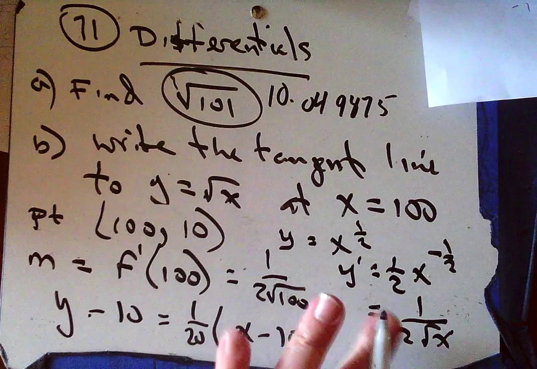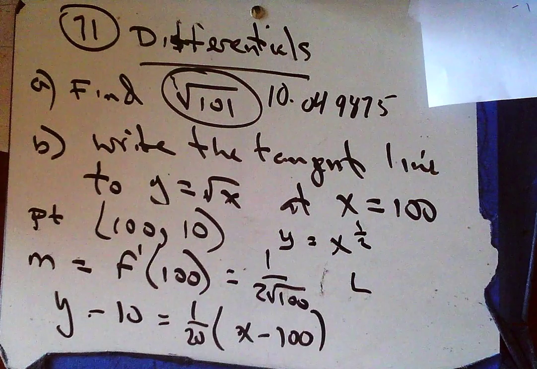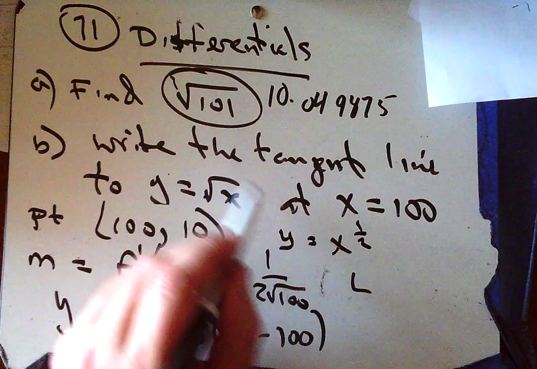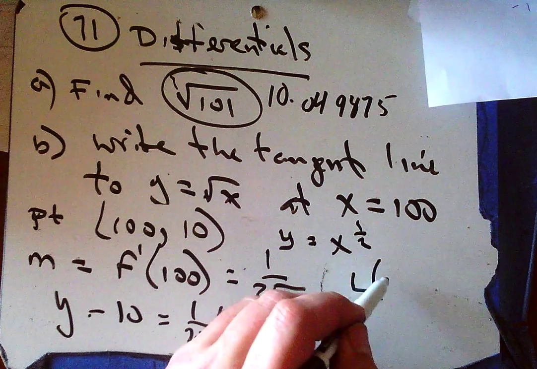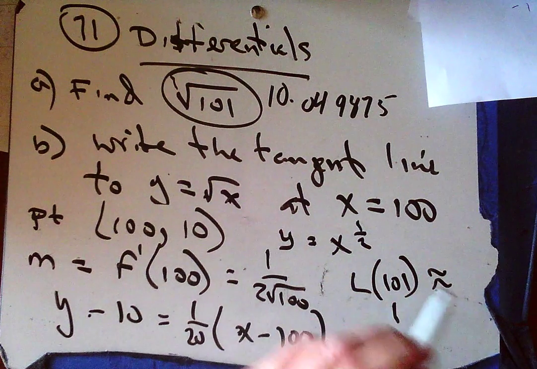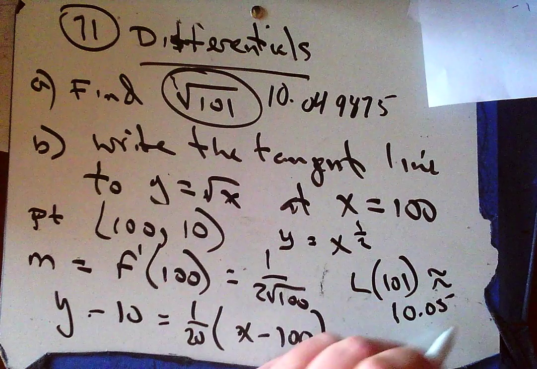So I get my linear approximation, that's why I'm using L, the linear approximation of the square root of 101, to be 10 plus 1/20th, which is 10.05. Okay?